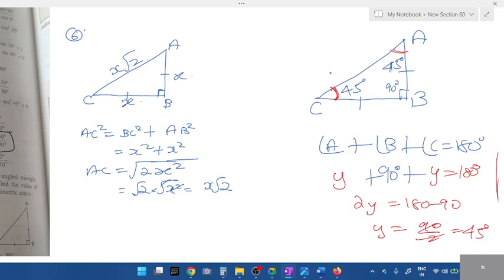Let me know if you have done. Write both the diagrams. First go through, don't just copy.